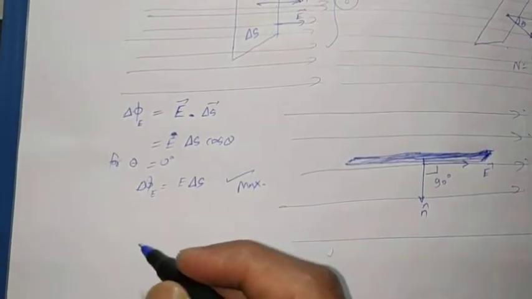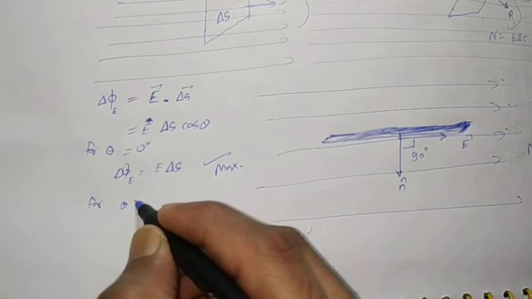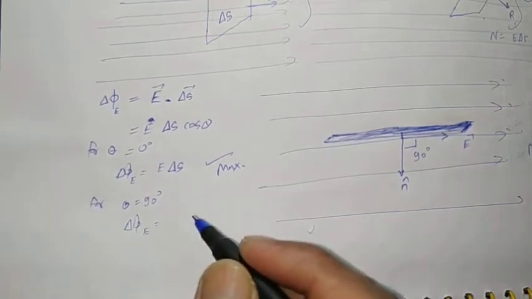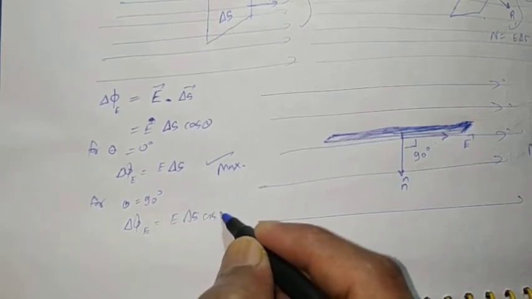For theta equals 90 degree, delta phi E is equal to E delta S cos 90 degree.